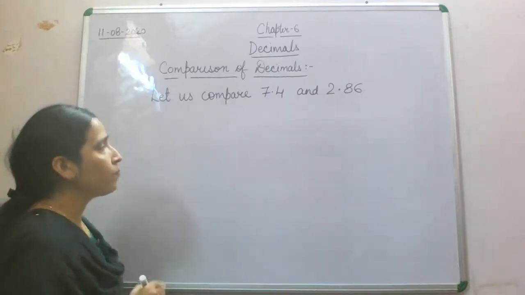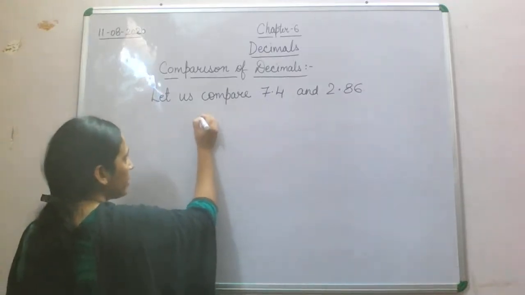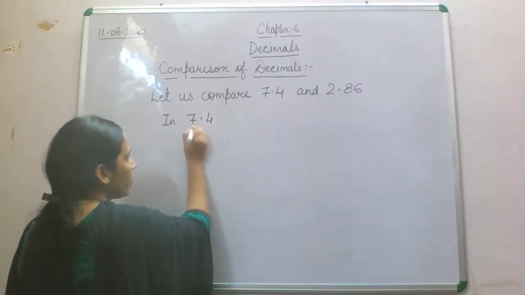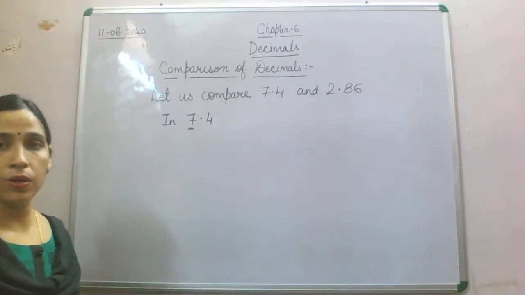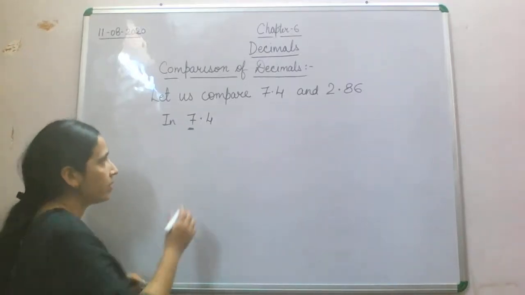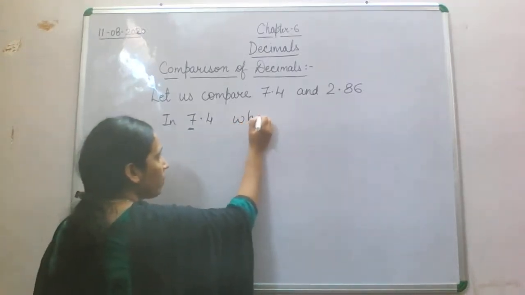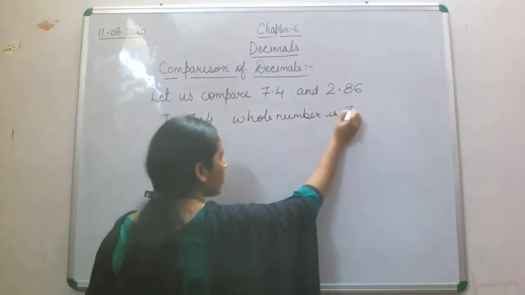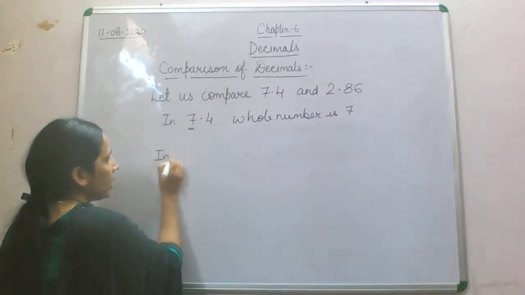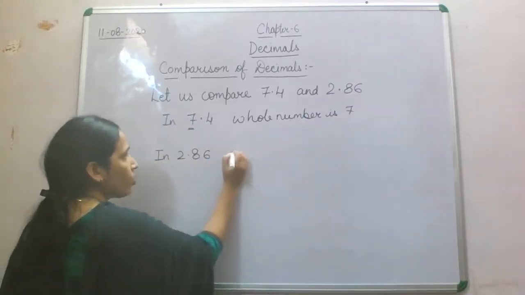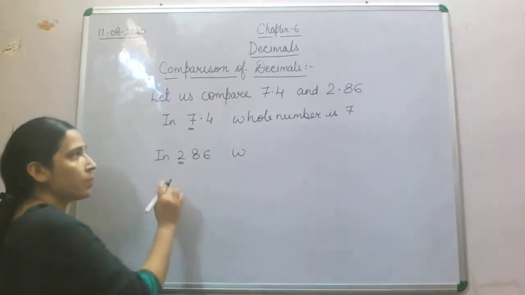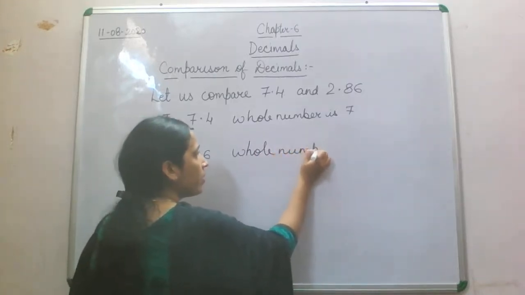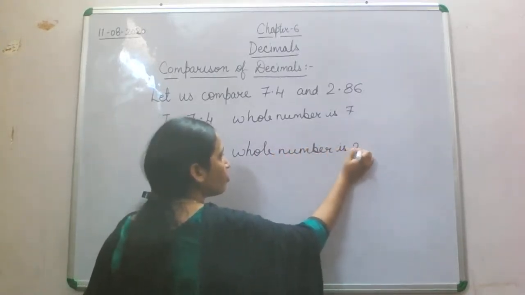So here we will see that in 7.4, what is the whole number part? The whole number part is 7. And in 2.86, you can see the whole number part is 2.